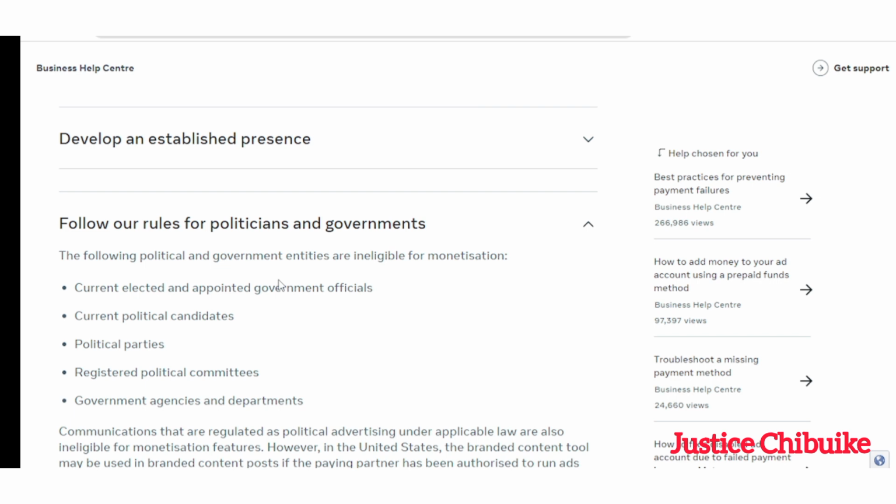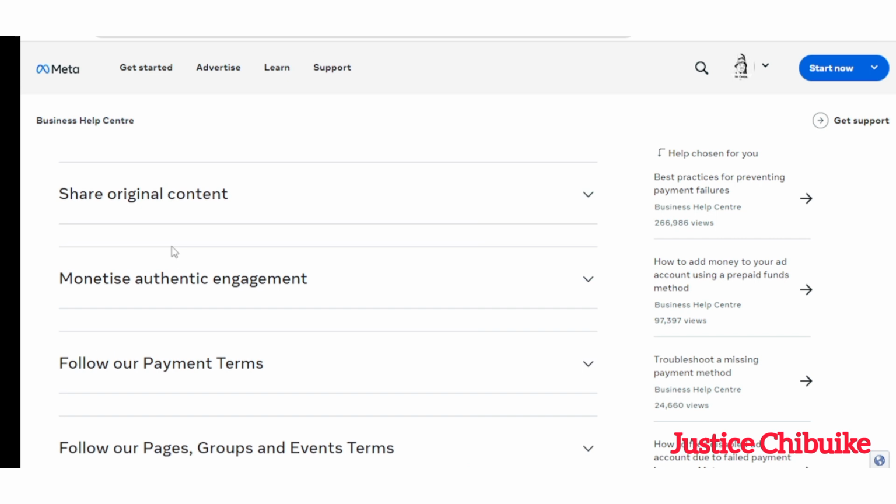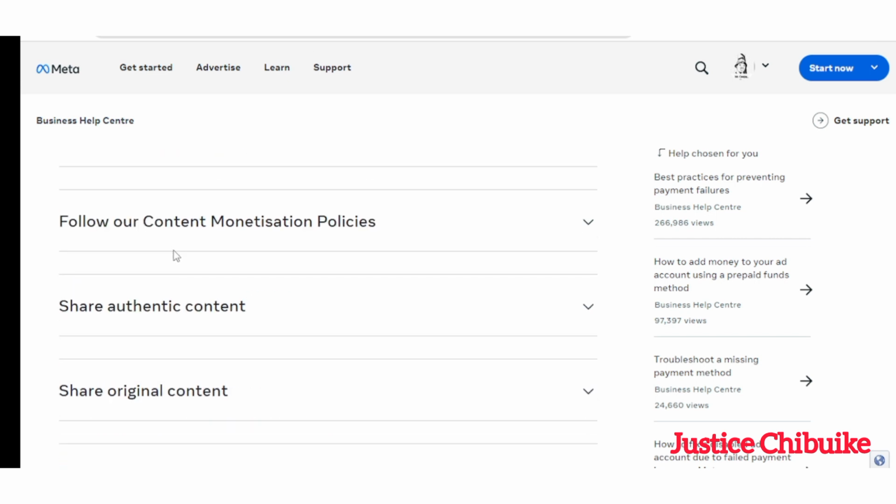And if you are a person that loves discussing politics, you criticize one political party and you favor another, and you use your political views to favor a tribe or a certain region in your country or in any part of the world, Facebook is likely not going to monetize you. This is stated clearly on Facebook, and if you don't abide by it, you may not be able to monetize. So these are some of the major things that can cause monetization issues.